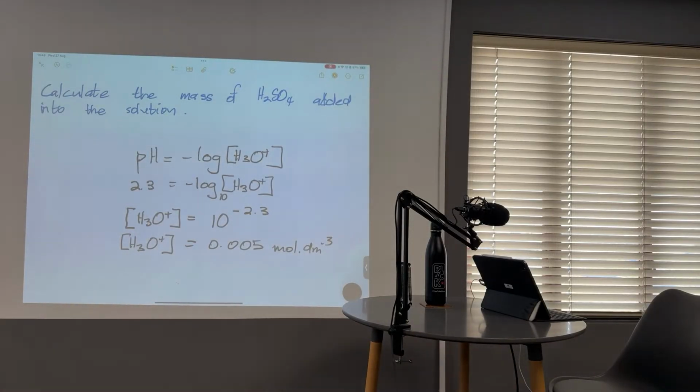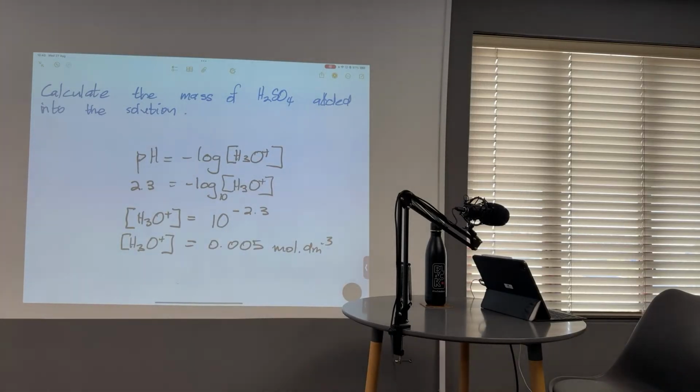So we said for 1 mole of sulfuric acid, we get 2 of those, right? So now, how do we get the concentration of sulfuric acid? So can we get it first? 1 H2SO4, we are going to get 2 H+.